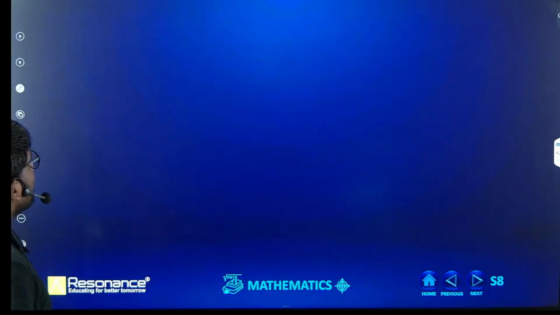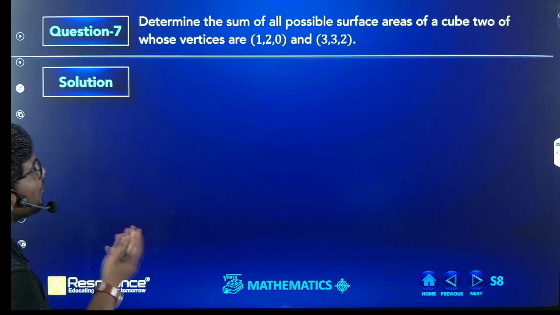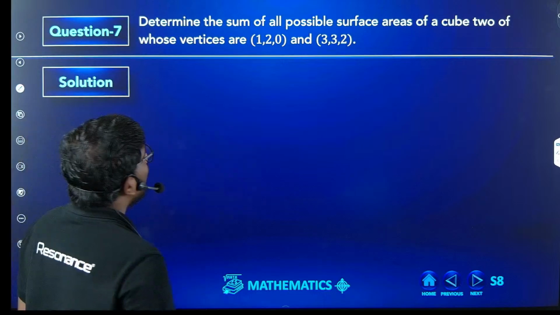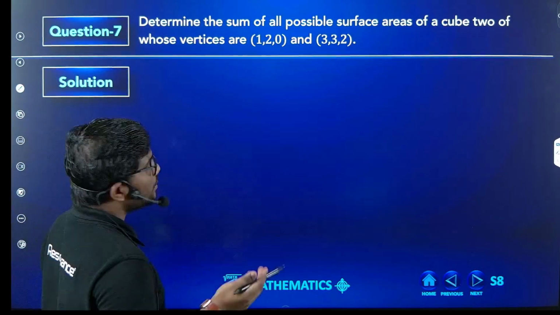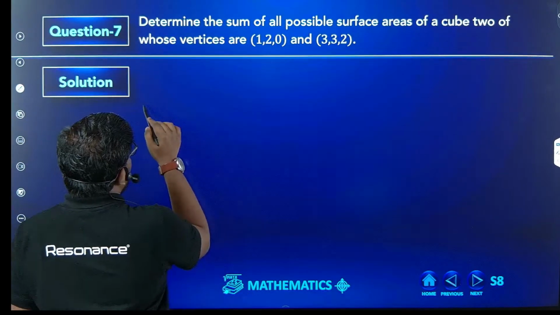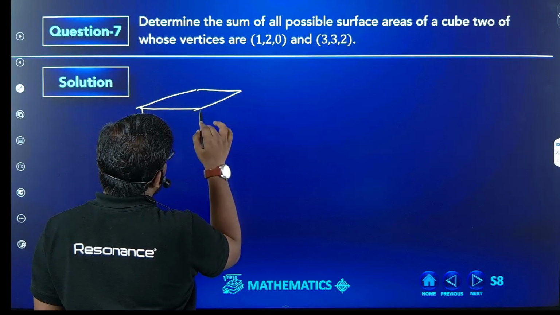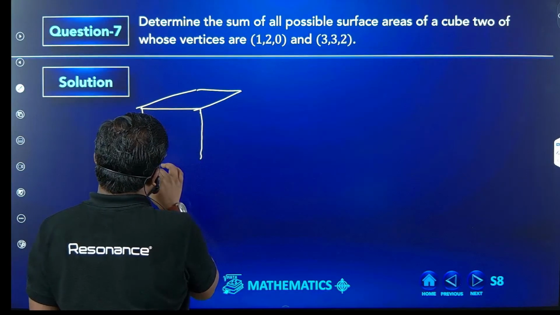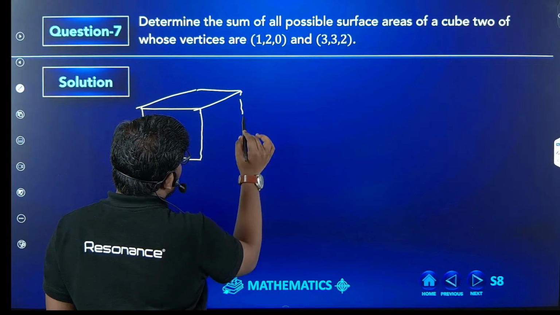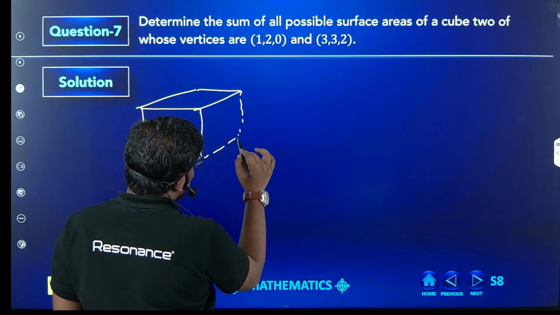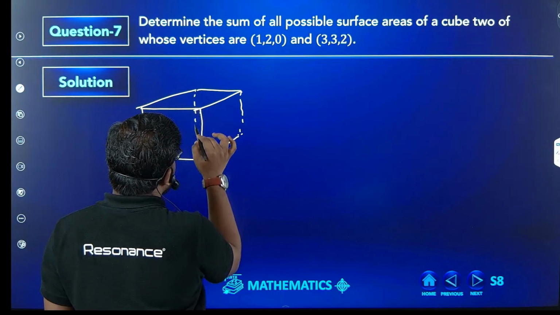Now moving further, determine the sum of all possible surface areas of a cube, two of whose vertices are given. Now, you have to excuse my drawing skills.